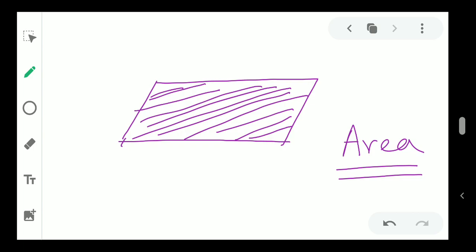Now the direction of the area is taken as normal to the plane. Normal, that means right now you are looking at your mobile screen, so the direction will be perpendicular, just normal to the surface of that mobile, that means coming out of the screen. So this is taken as the direction of area.